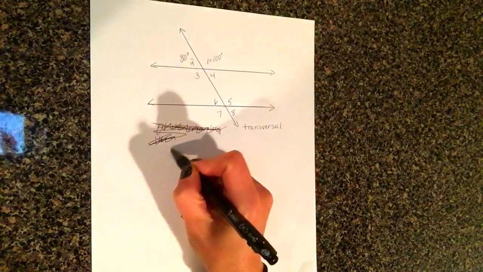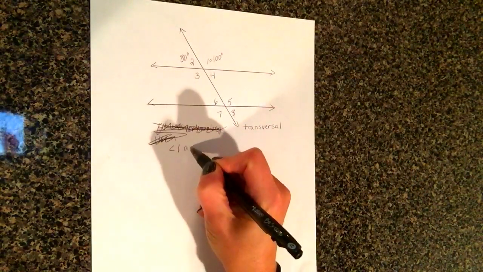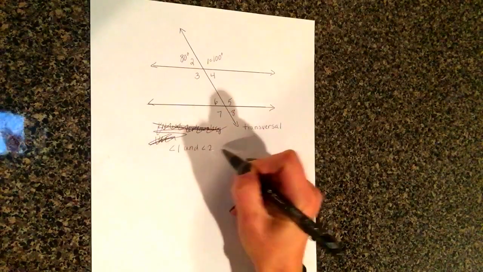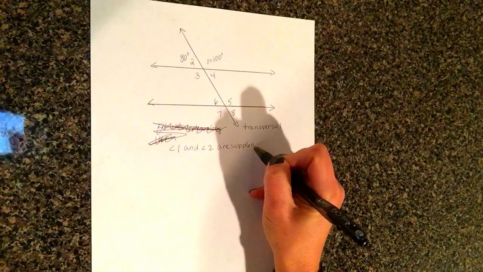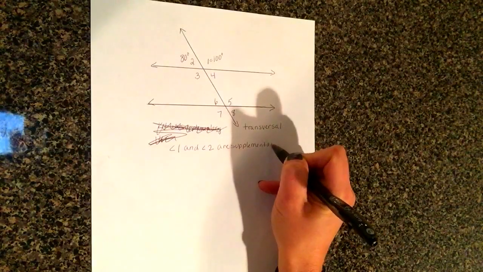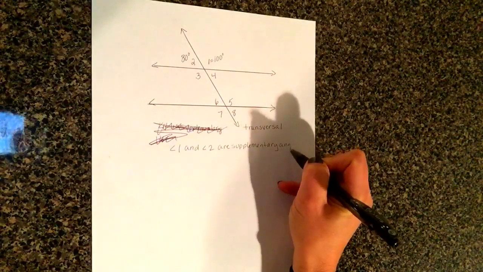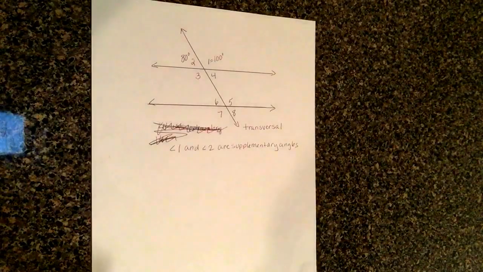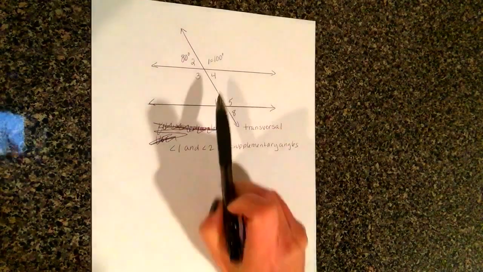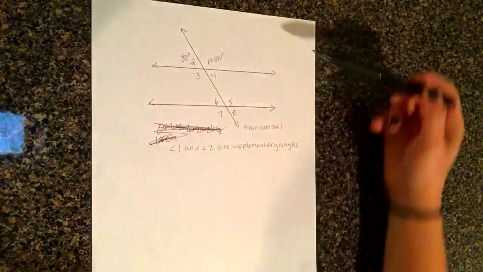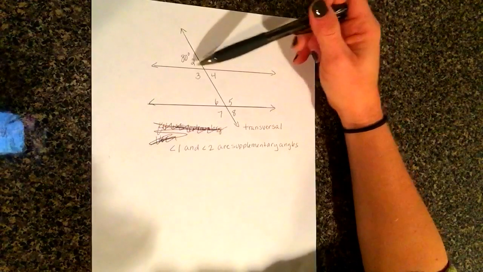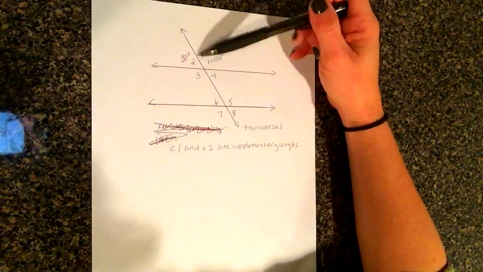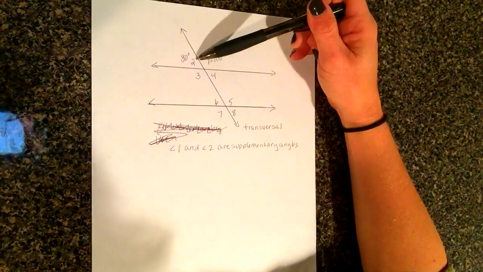So we can say that angle 1 and angle 2 are supplementary, and that's because they're on the same line. The other angles that are supplementary are 1 and 4 and 2 and 3, because notice they're on the same line.